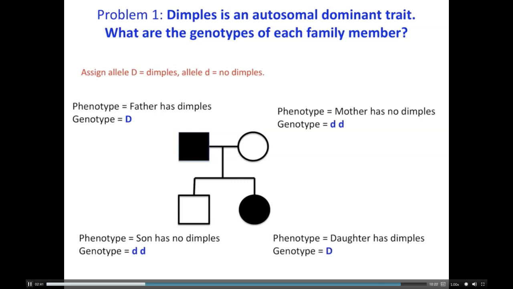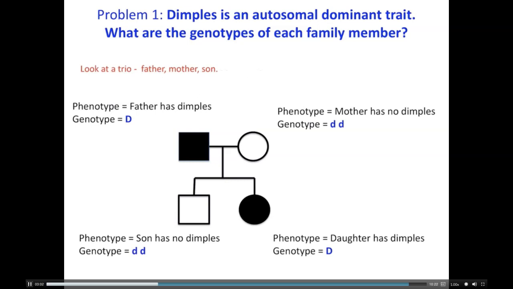Now that we have gone through the obvious things, we want to analyze 3 people at a time. So choose 2 people that you know and 1 person that you don't. In this case, we'll use the mother, the son, and the father.